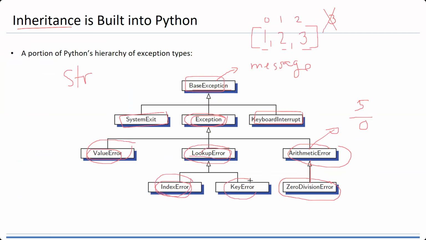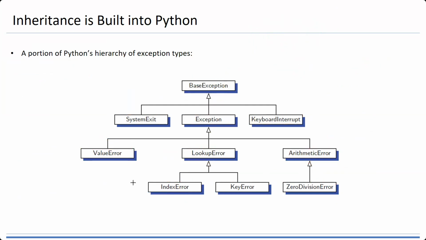The KeyError. You already learned about dictionary last week. In the dictionary, we have the key. If the key does not exist in the dictionary, then it will show the KeyError. Actually, there are still a lot of exceptions, but I think these are the most common errors that you can use in Python.